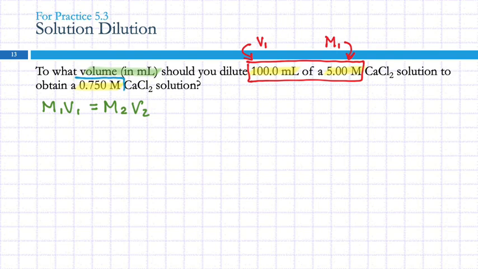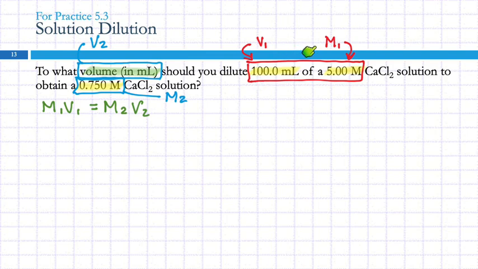Then I've got another molarity. Well, there's molarity 1 and there's molarity 2. So this one must be molarity 2. And they're asking me what volume? That's going to be volume 2. So this is saying, what's the volume of this 0.75 molar solution?